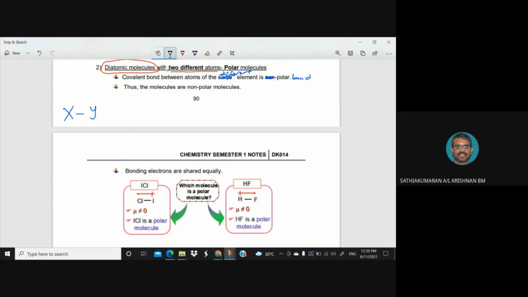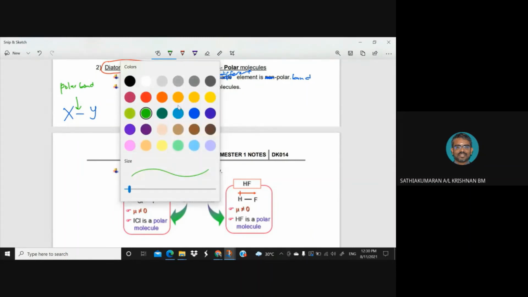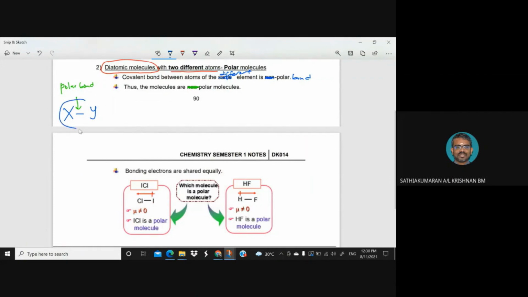So this bond is a polar bond, and these molecules are polar molecules. The bonding electrons are shared unequally.